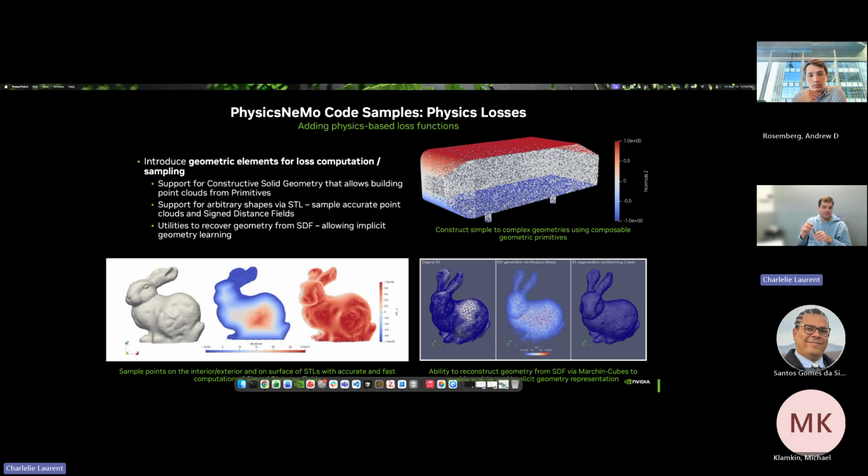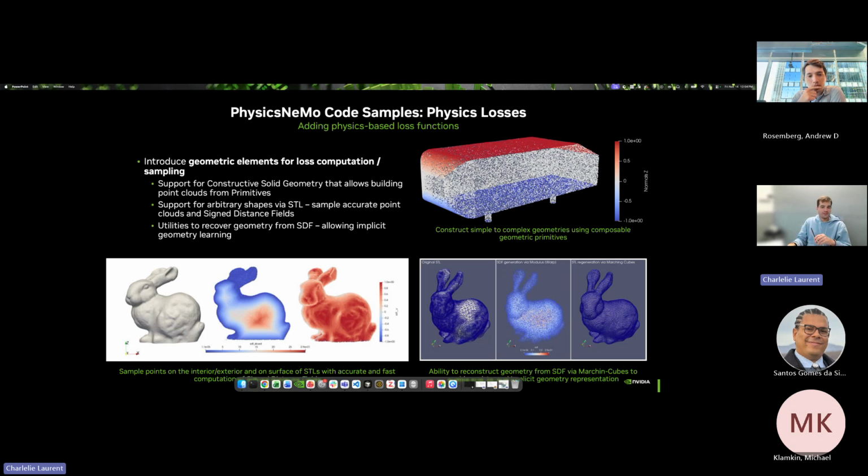So the signed distance function is basically the distance to the surface, right? You take any point in space, you take the normal to the surface, and this is just the distance. And signed, because when you're inside the volume you're -1, and when you're outside, it's +1. So it's a kind of oriented distance along the oriented normal between the point you consider and the surface of the solid.